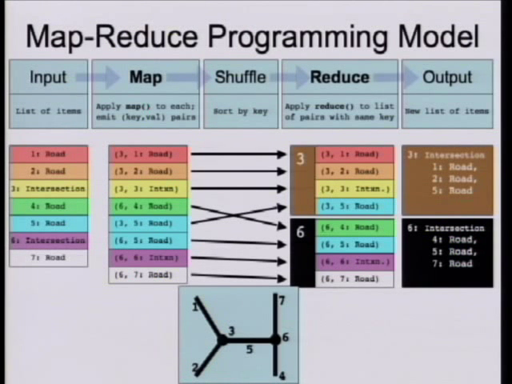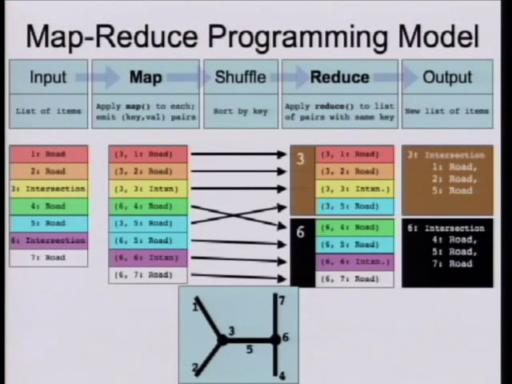So if you look at it in this sense, the map function is the thing that runs down that list and emits key value pairs. If you look at the road numbered 5 across the middle, for instance, it's emitted twice, for both intersection 3 and intersection 6, so two copies of it come out. Each of the intersections is emitted once, and all the other roads, I guess, are emitted once as well.